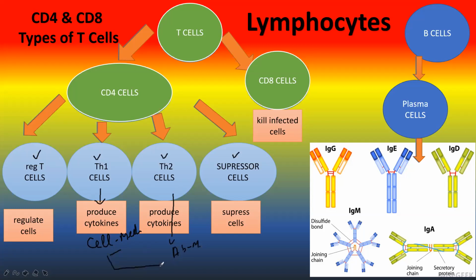When the job is done, suppressor T cells suppress these cells, okay. Regulatory T cell regulates all T cells, regulation. Antibody production is done by B cell changing to plasma cell, producing these 5 types of antibody, okay.